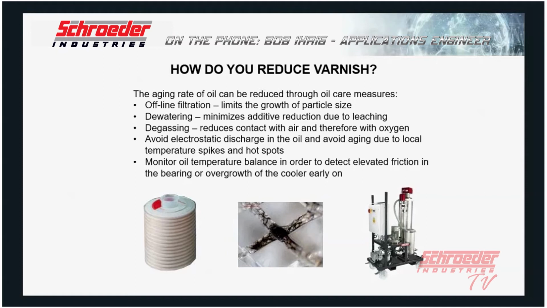The next step in the process is mitigating the varnish problem through fluid conditioning. So again, offline filtration, conditioning the fluid so that you're reducing the particulate contamination as much as possible, to a required ISO cleanliness or whatever fluid cleanliness standard that you need to be at.